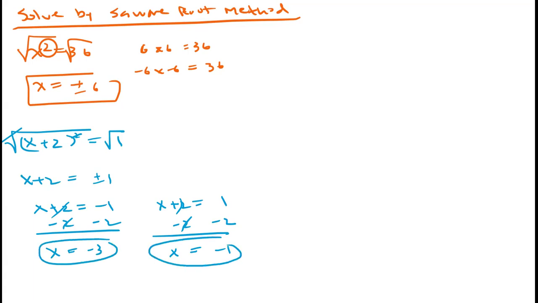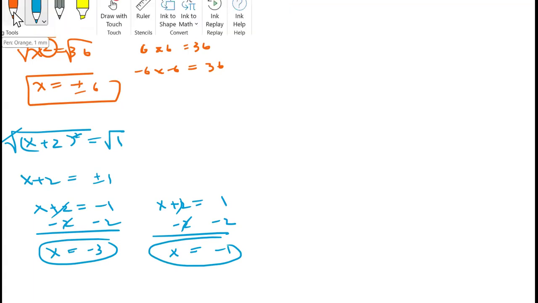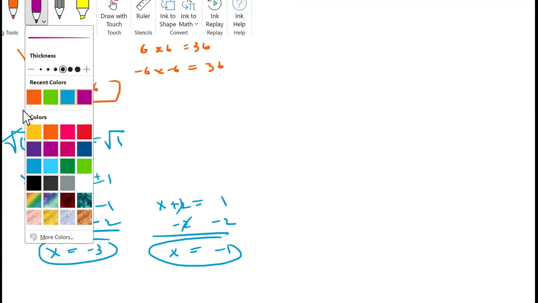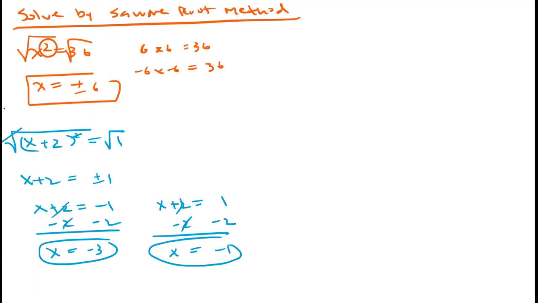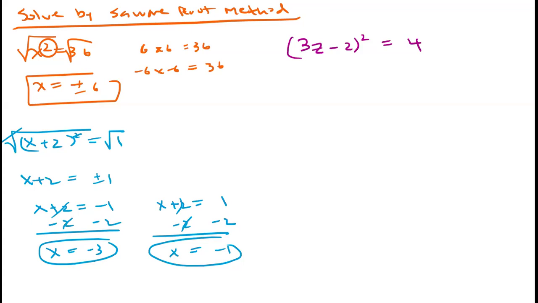Okay, so why don't you guys try one and see what you get. Let's say we have 3z minus 2 squared equals 4. Let's go through this.